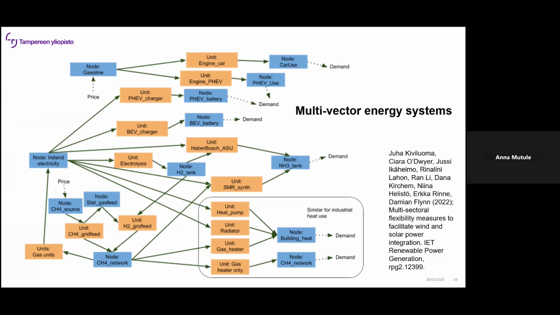In this study, VTT analyzed 7 different flexibility measures, from electric vehicles and batteries to power to ammonia and demand response, to understand their individual and combined impact.